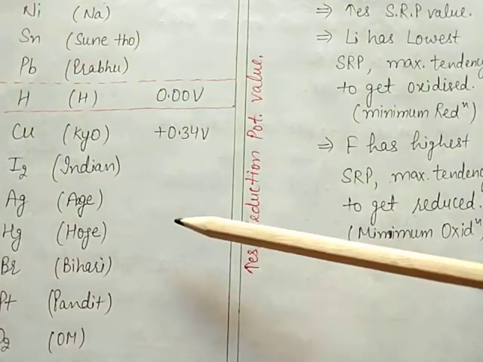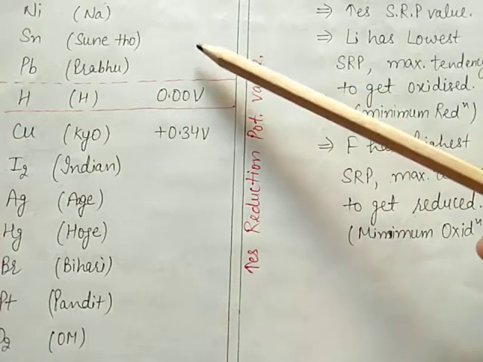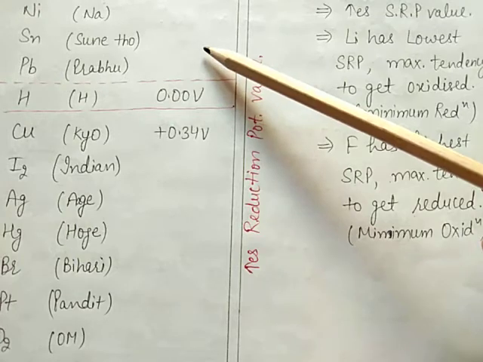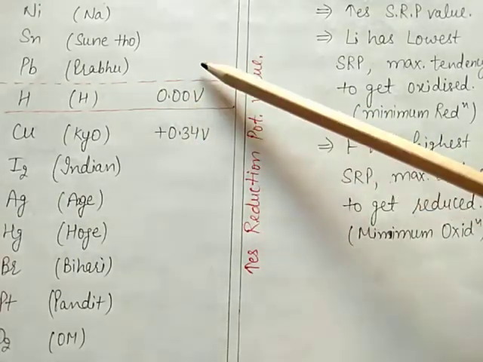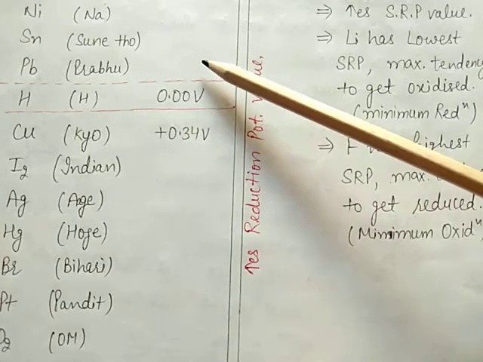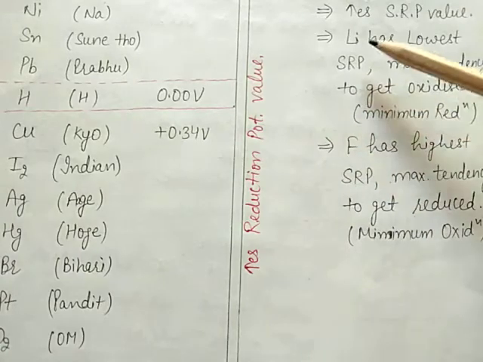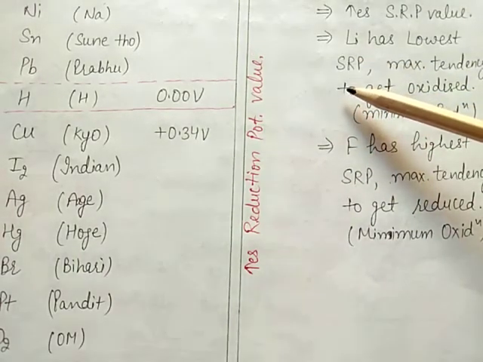And the element with lower reduction potential value can displace an element having high reduction potential value from its compound. All these are the applications or uses of electrochemical series.